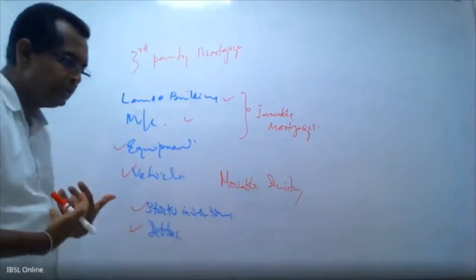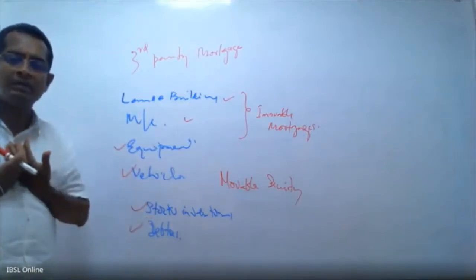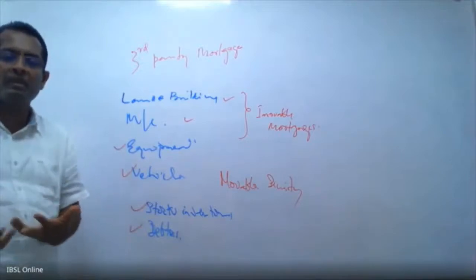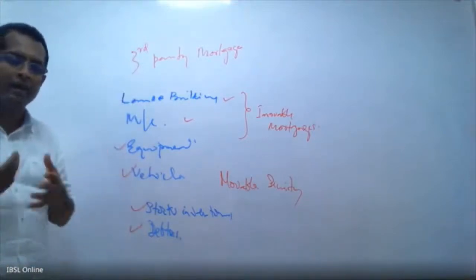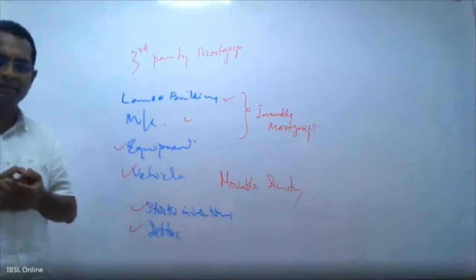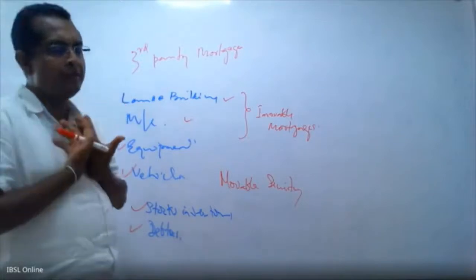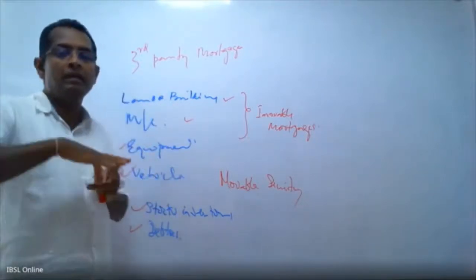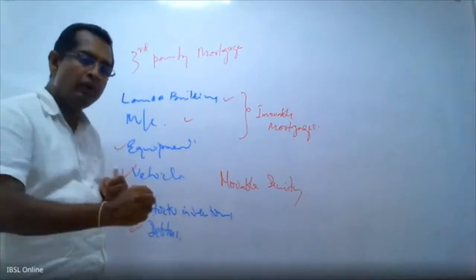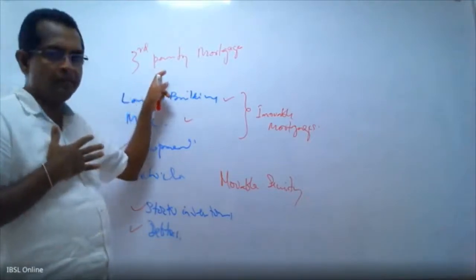If the asset given as security is not my own asset or the company's own asset, the mortgage will be a third party one. Like I want to buy a vehicle, so I want a loan, but I don't have security. My mother is giving a security on behalf of me. Then it is a third party.